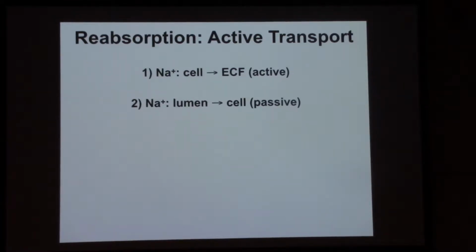So the active part is on the body side. Put the ATP in there to emphasize that it's active. So you pump it out on the body side, and then you allow it to diffuse in on the lumen side. But this whole process is active. We're adding energy to it to move sodium from the lumen of the tubule into the body. That's reabsorption.